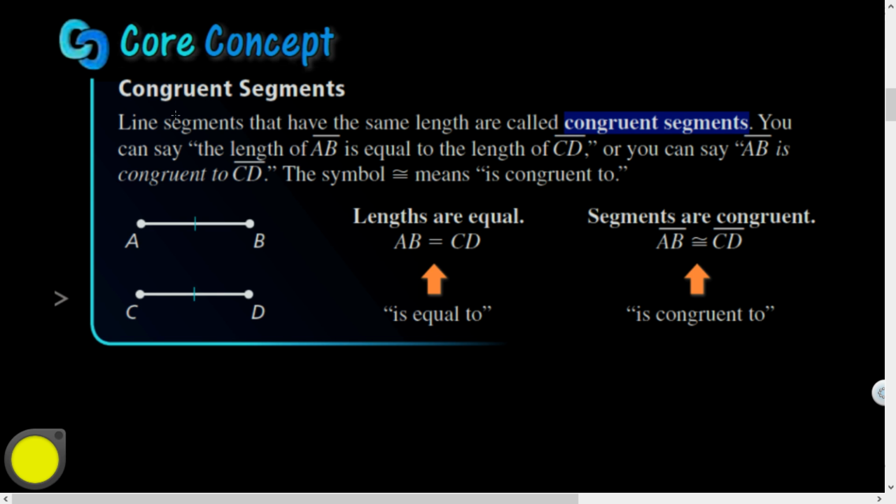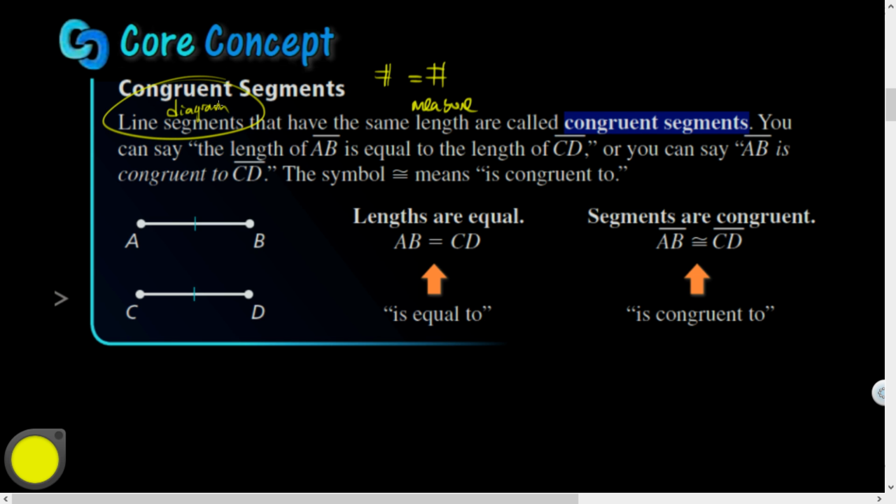Congruent segments. Line segments that have the same length. So this would be their measure, so I would say equal numbers. Number equals number are called congruent segments. All right, line segments. So this is the picture or the diagram, the actual image that I'm talking about.